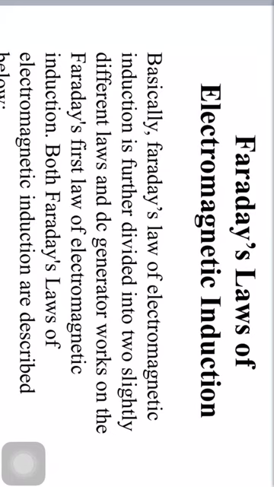So coming to Faraday's first law, whenever a conductor cuts a magnetic flux, an EMF is induced in that conductor, and a simple loop generator is based on this law of electromagnetic induction. This is how an EMF is induced in the conductor. And similarly, a simple loop generator or single loop generator is based on this electromagnetic induction only.